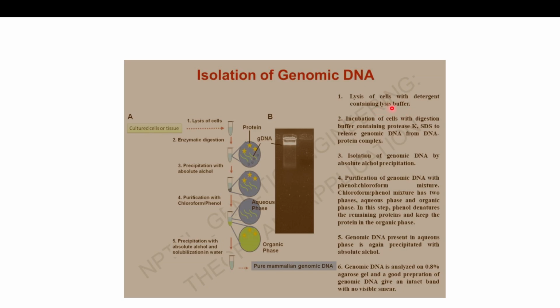Because you need genomic DNA, but when the cell is getting lysed, you will have other biomolecules coming out as well, like proteins, RNA, polysaccharides, and other organic molecules. You don't really need that. You are interested in getting pure genomic DNA. So the lysed contents have to be treated so as to get rid of the other unwanted components and only get pure genomic DNA.